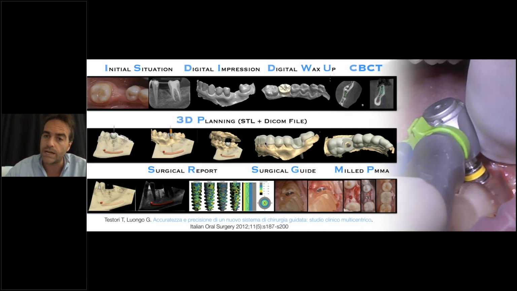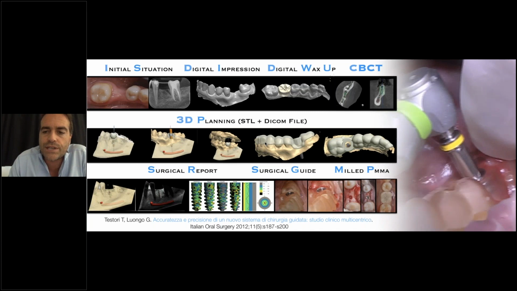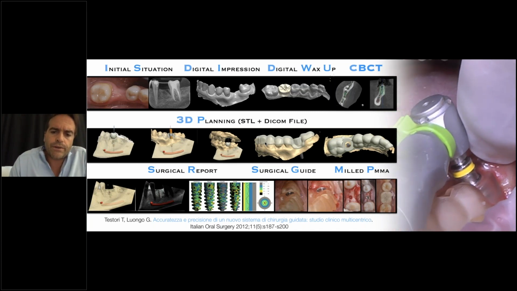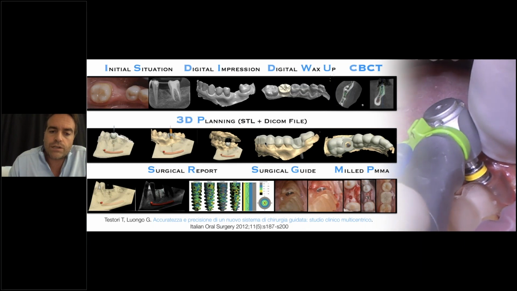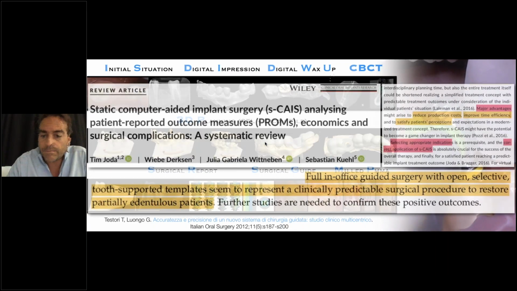Then we have the digital workshop, we merge it with the CBCT, we have the 3D planning, which of course is giving us a lot of information. Look at the surgical report, how much information we can share with our patient, and then the surgical guide and the provisional restoration immediately positioned.